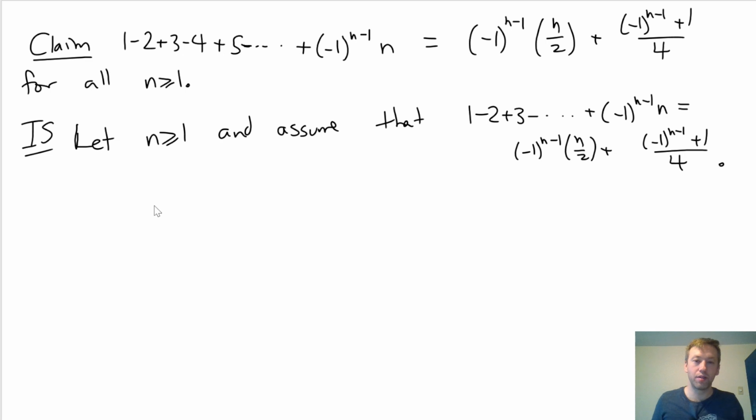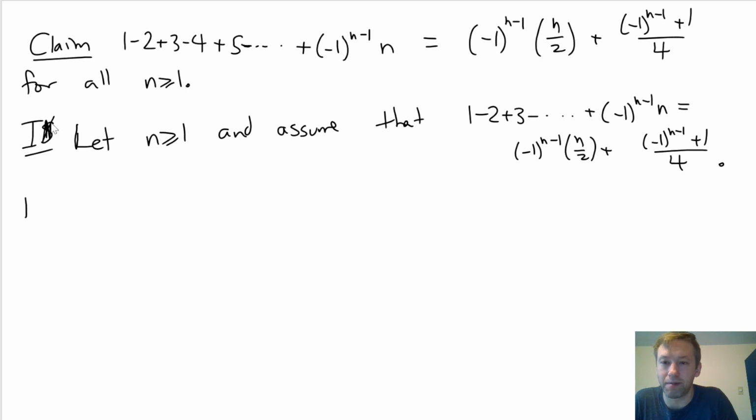We just assume that the thing we want to prove is true for one specific value of n. And now we want to prove that it's true when n is replaced with n plus 1.